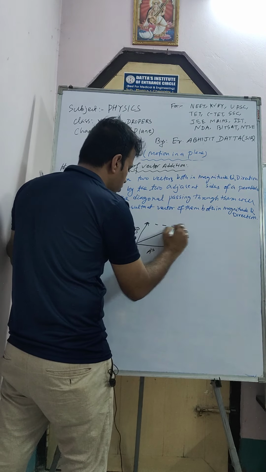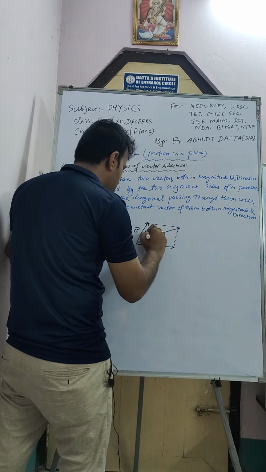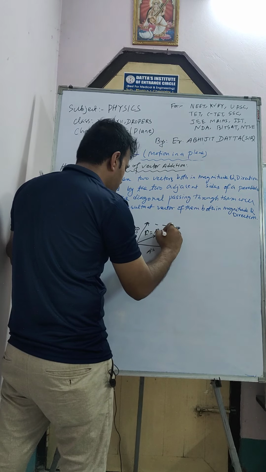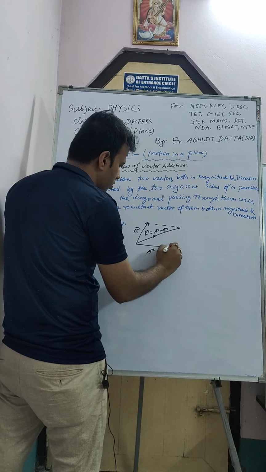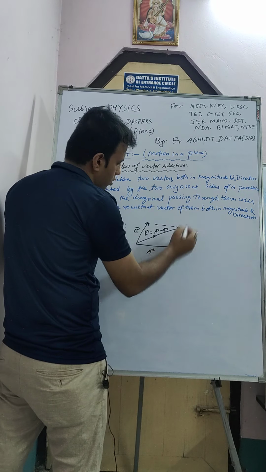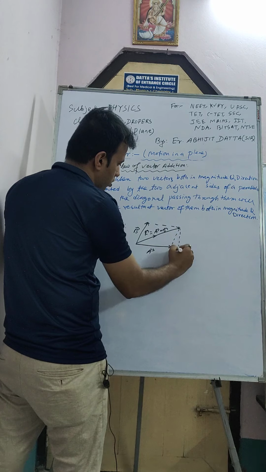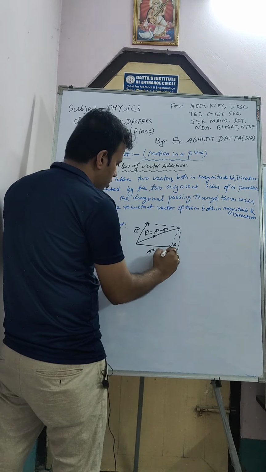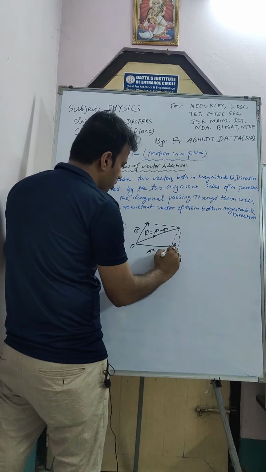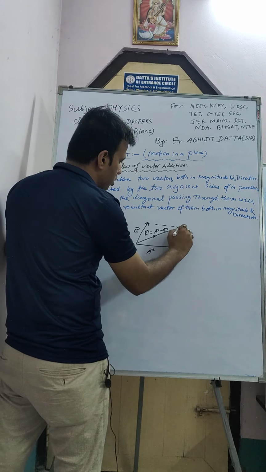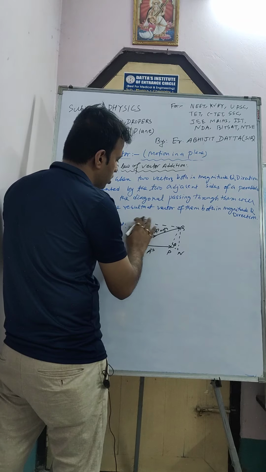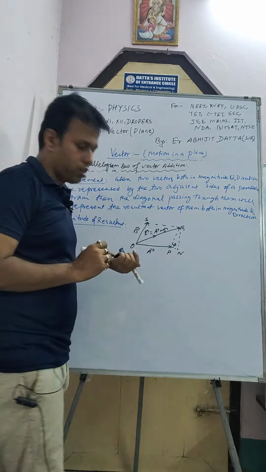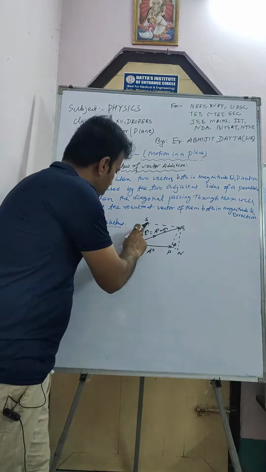Okay, this one is R, so R vector is equal to A vector plus B vector, and this one is theta, this one is O, this one is P, Q, N, and this one is S.